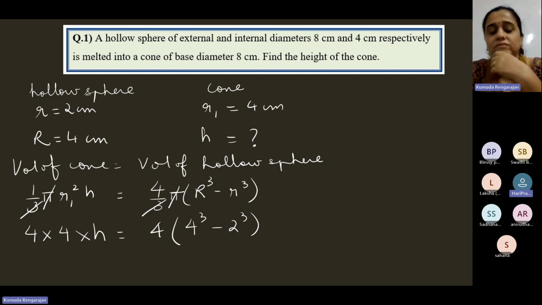Perfect. Very good. All of you got it? Such questions only you'll get for 4 marks. You need just 2 minutes to finish the answer.